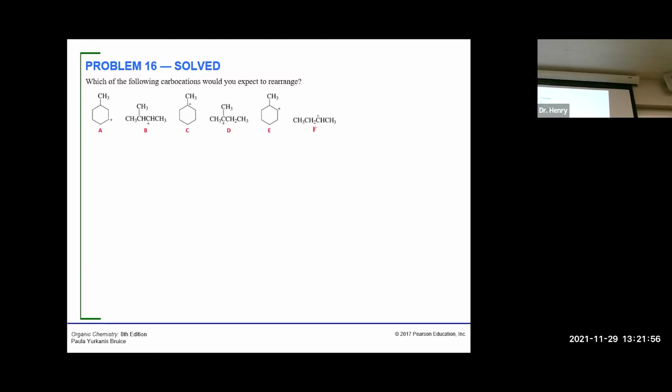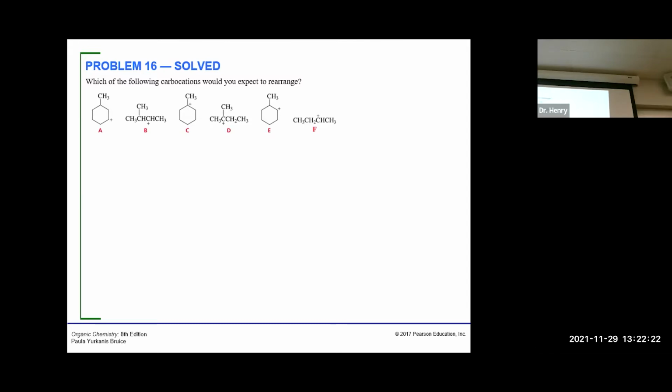And can you tell me what type of carbocation it is? You guys know what I mean by what I'm asking for. Is it a primary? Is it a secondary? Is it a tertiary? Those are kind of the questions that you guys are going to get on the exam. Okay.